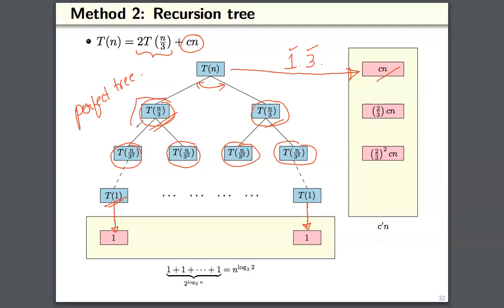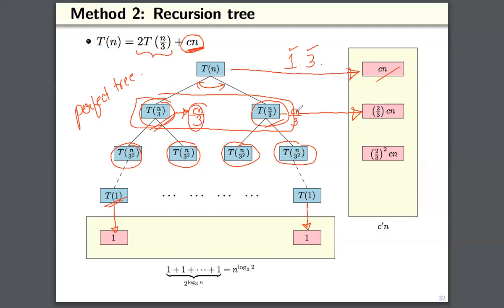So the divide step and combine step in level 2 is taking this much time. Why? The extra time here is Cn by 3 for this, Cn by 3 for this.